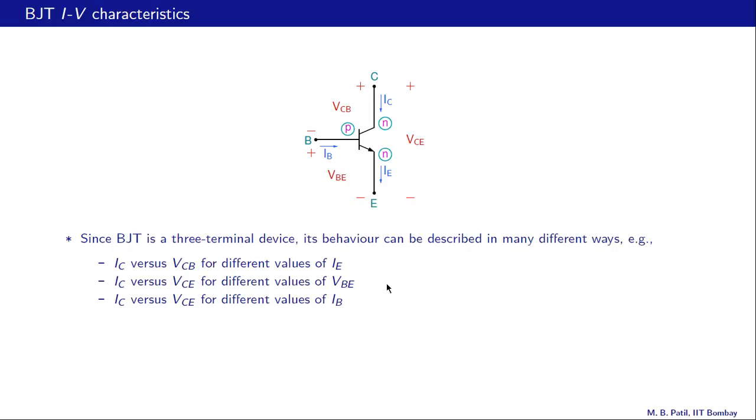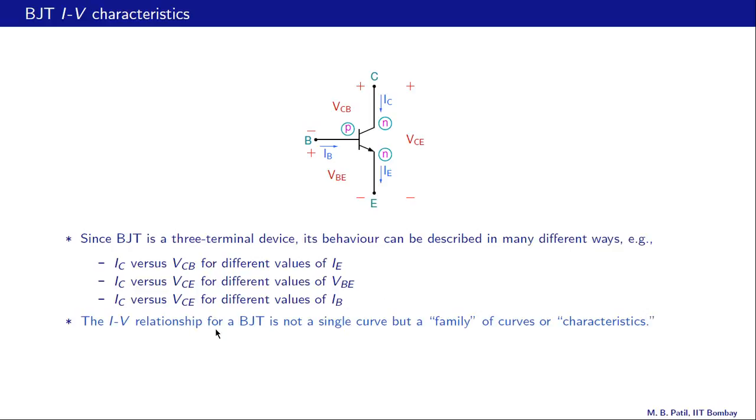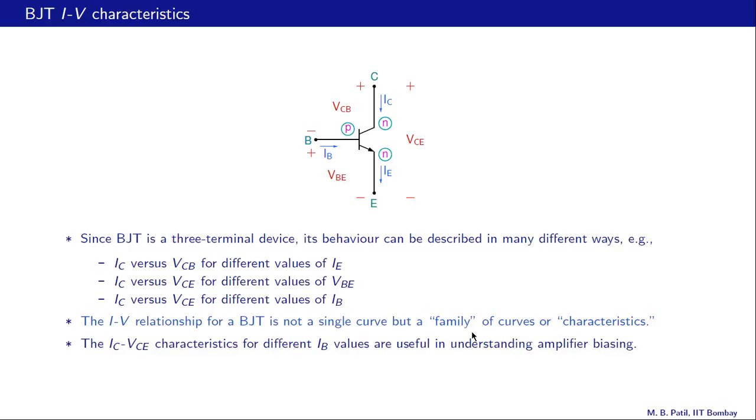And of course there are some other ways of plotting the characteristics as well. So the IV relationship for a BJT is not a single curve but a family of curves or characteristics. And we will look at the IC versus VCE curves or characteristics for different IB values, because we will find these very useful in understanding amplifier biasing.